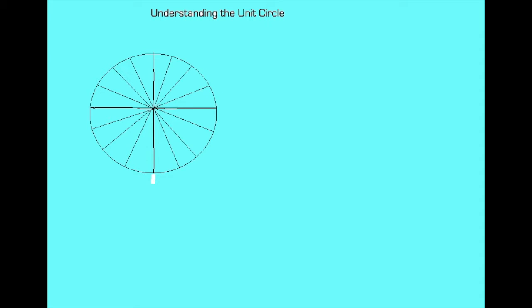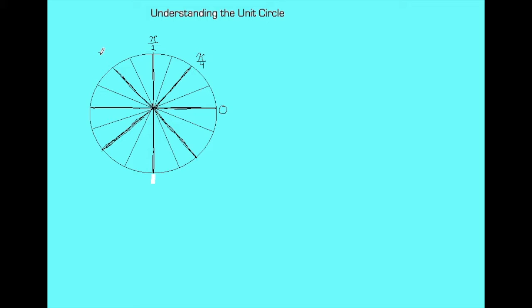So I'm going to divide the unit circle into 8 pie slices. We are going to focus just on the bolded lines for now. So this line's angle is 0, and this line's angle is going to be pi over 4. This line's angle you can think of as 2 pi over 4, which is reduced to pi over 2.